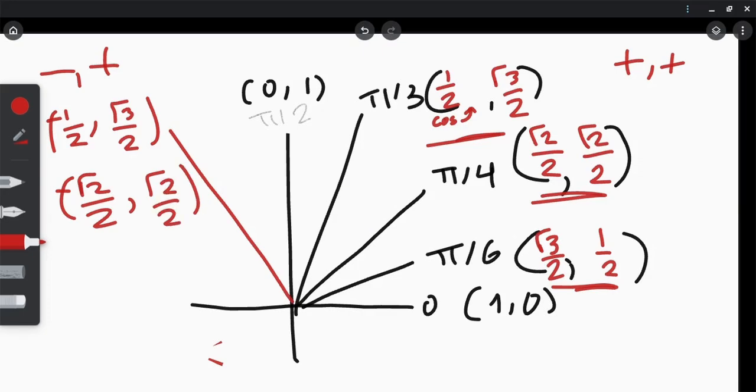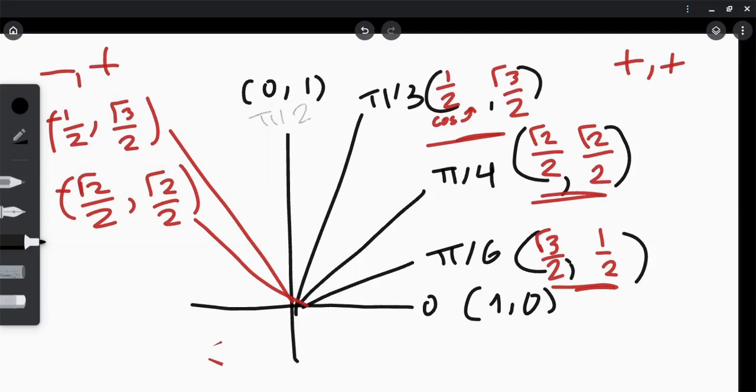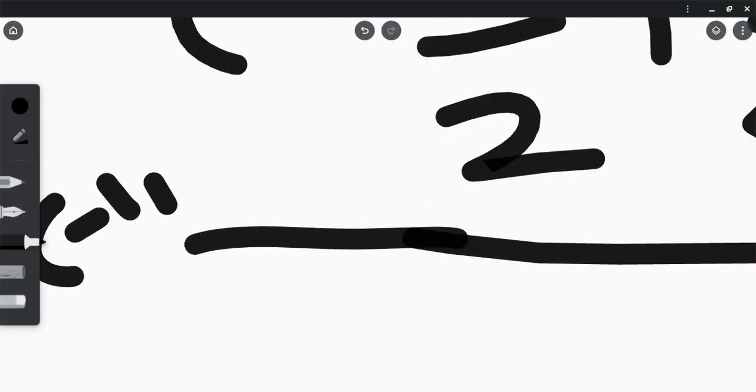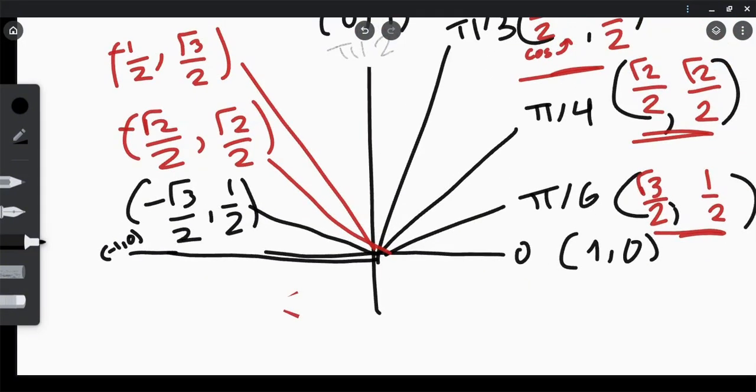Because you moved to the left. Moving to the left means going negative. And for 5 pi over 6, this is negative square root of 3 over 2, comma, 1 over 2. You see the pattern? Now obviously here you have your negative 1, 0, and that's also the same thing as the other ones. The x values are negative and the y values are positive.